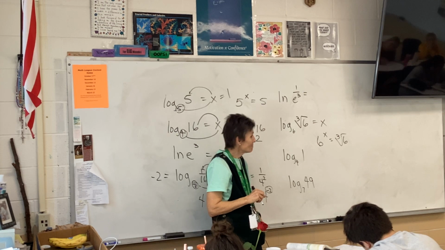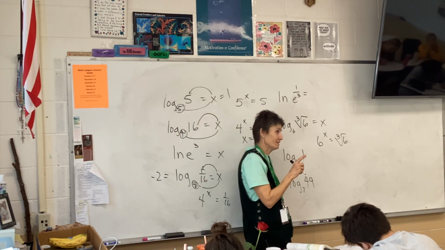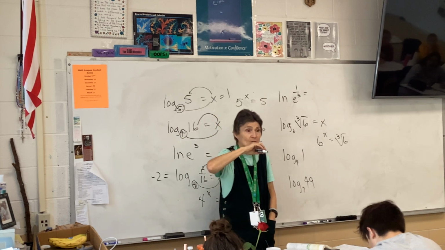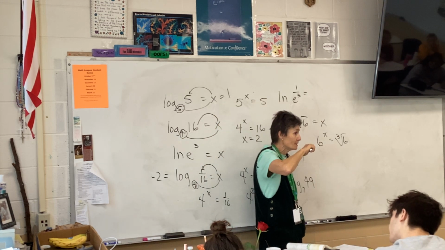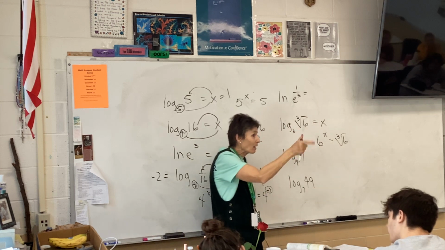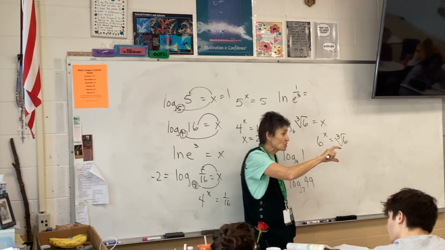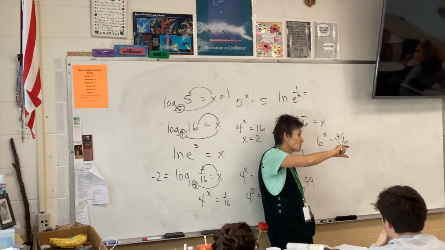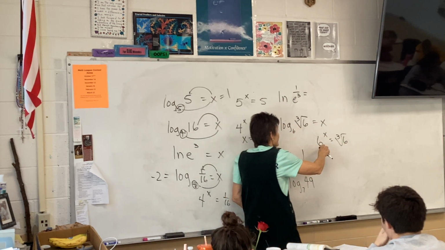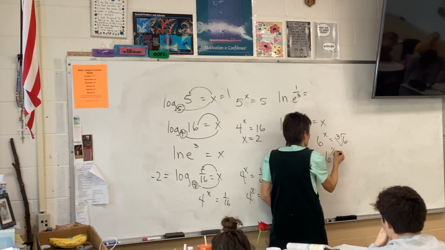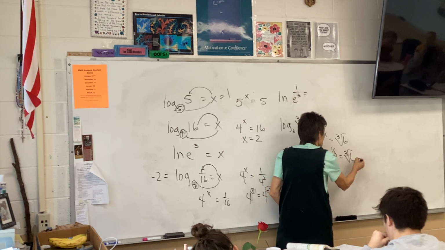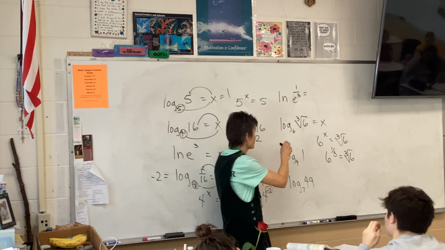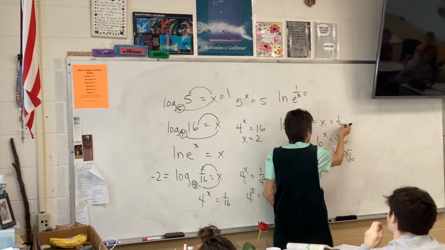It's not 6 cubed. What's 1/3? 1/3. Because what do I know about radicals? Radicals are fractional exponents. Backwards thinking. Fractional exponents are radicals, so radicals are fractional exponents. So 6 to the 1/3 is the same as the cube root of 6. Would you agree with that? So the answer to this problem is 1/3.